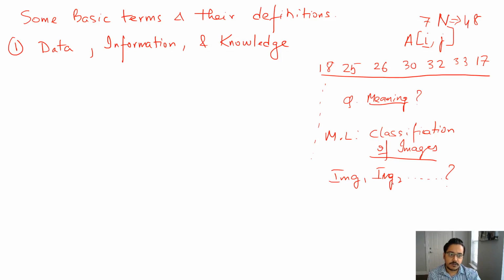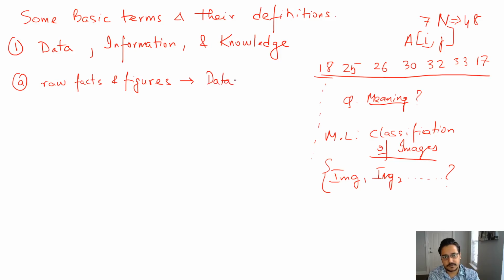So the format of these files and what they consist of, that is these numerical values or any different types of data that you can have, it could also be characters, right? If they don't convey any meaning, if they only have what is known as raw facts and figures, then that is what we call data.